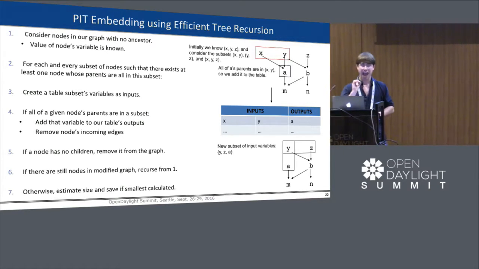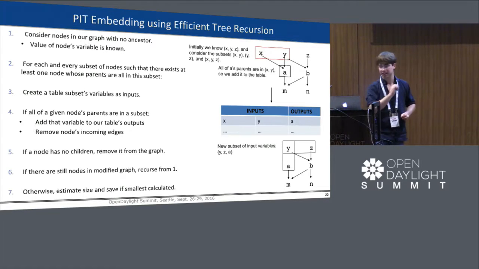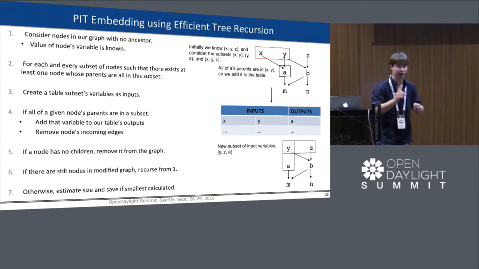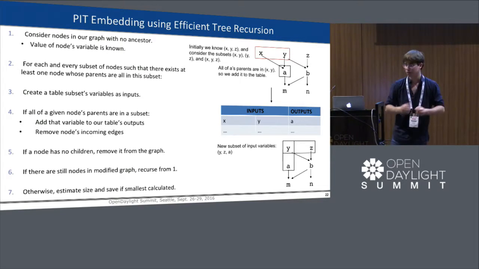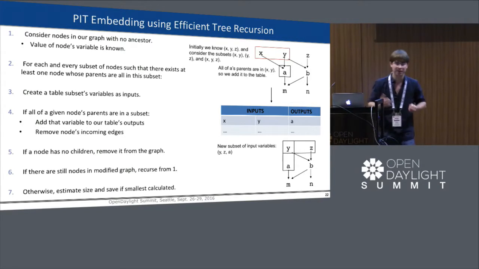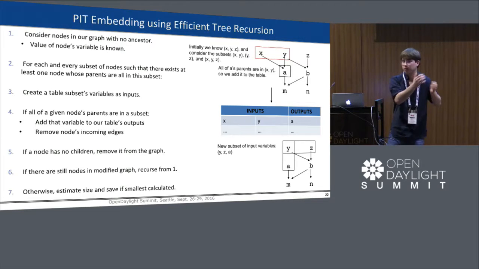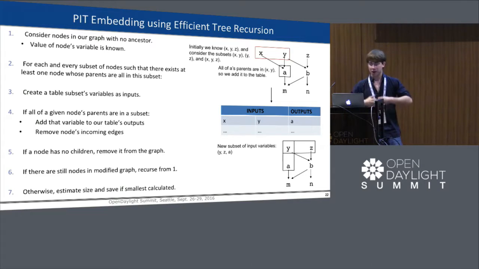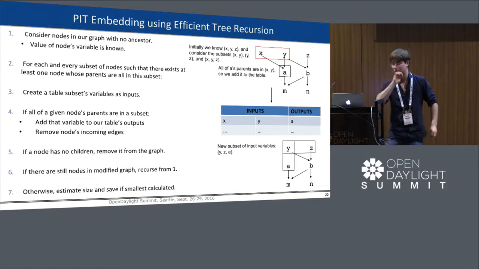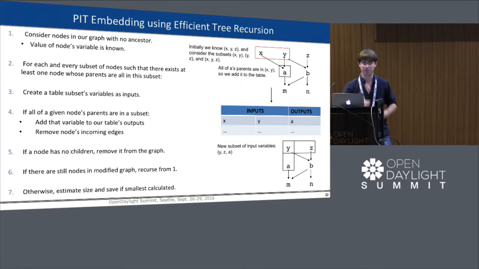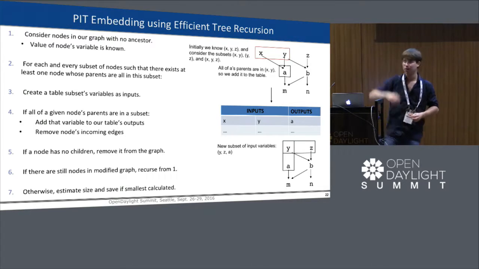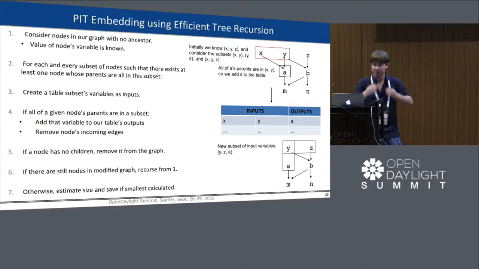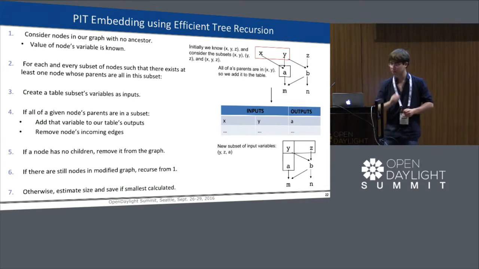Now, any node on our graph with no known ancestor is a node whose value of the variable is known, whether it's because we were given that variable as a starting variable or that we've already calculated it in some sequence of lookup tables that we've already established at some point in the tree recursion. This is trivially true, since recall that an arrow entering a particular node on a graph means that the variable at the end of that arrow is what that particular variable is dependent on.